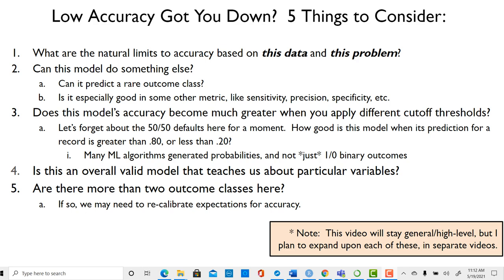But what we can do, it's perfectly legal, it's perfectly within the rules of the game as long as we disclose it. We could just say, we are going to only make the predictions when the model's number is above a certain number or below a certain number. So to use the numbers here on the slide, what we could say is, only when we have a predicted probability of 0.8 or greater are we going to say, yes, we think this record is going to belong to the 1 class.